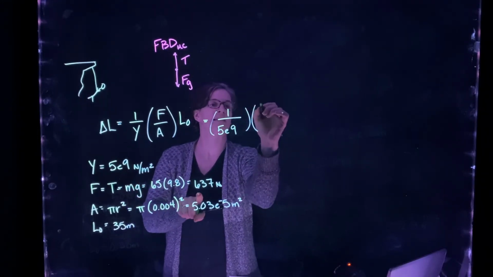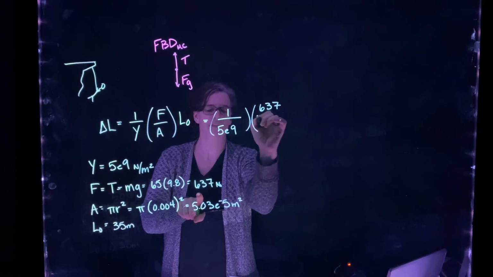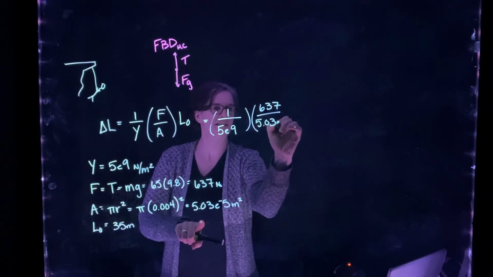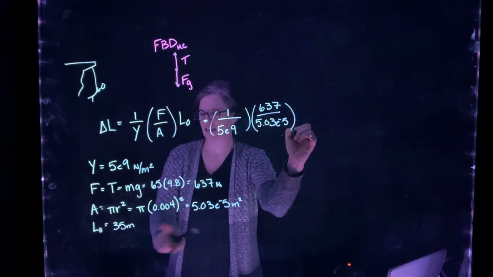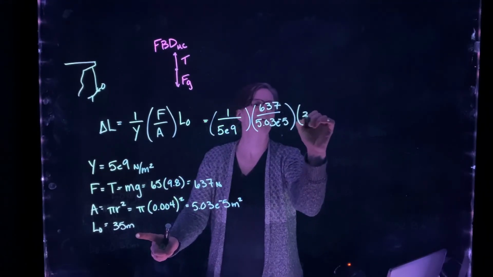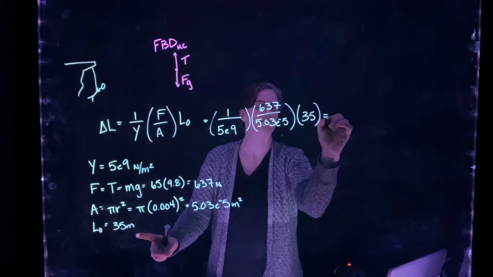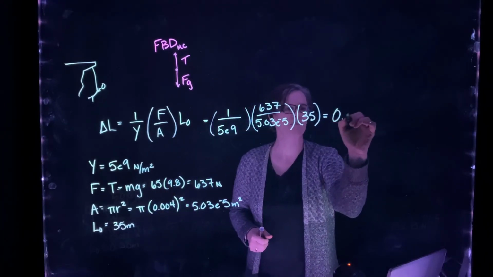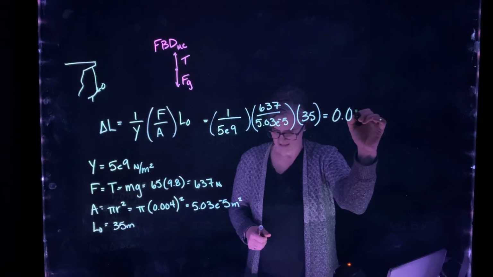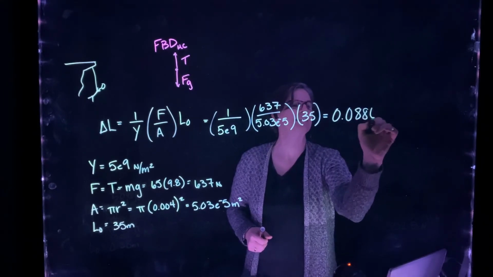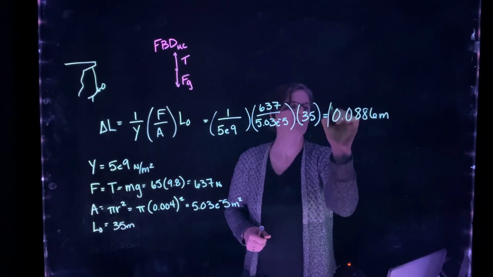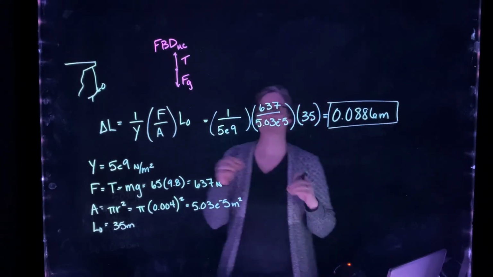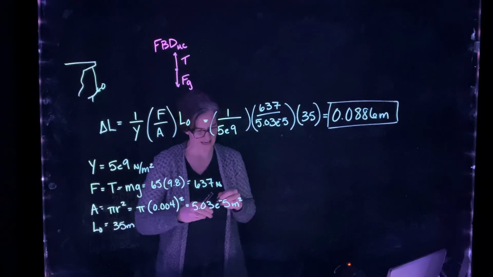Our force is 637 over our area of 5.03 times 10 to the negative 5th times our original length of 35 meters. And when we use those values, we end up with a change of 0.0886 meters. So 8 centimeters that we're stretching that nylon rope.